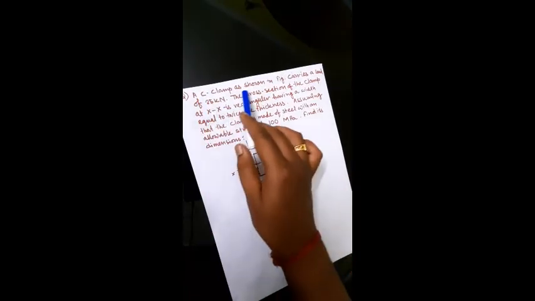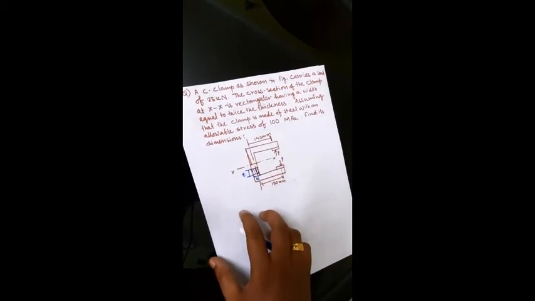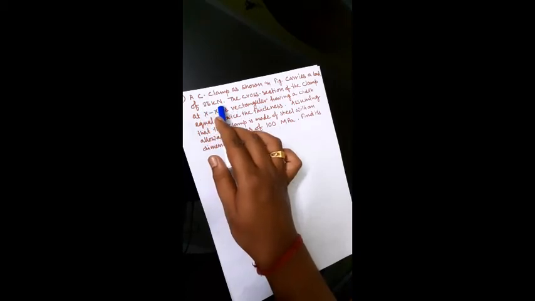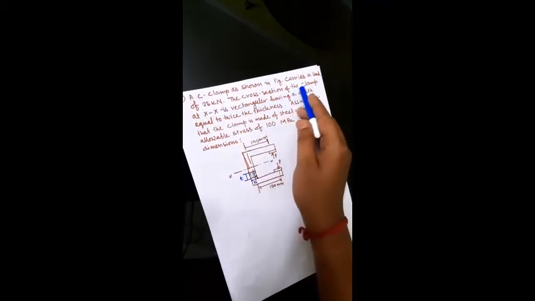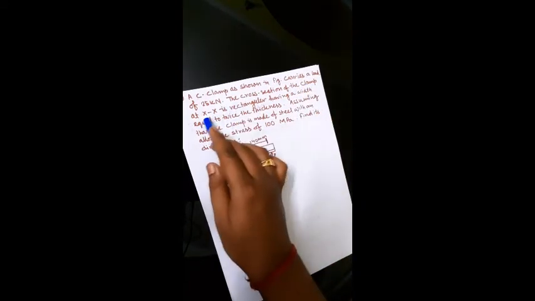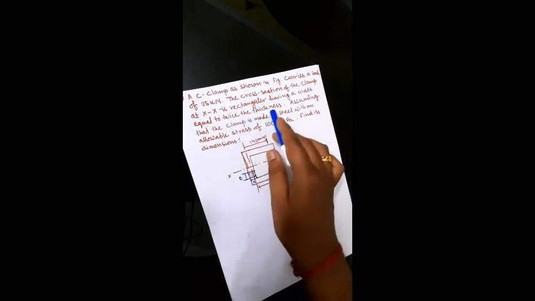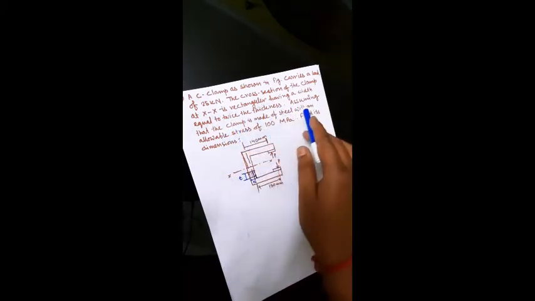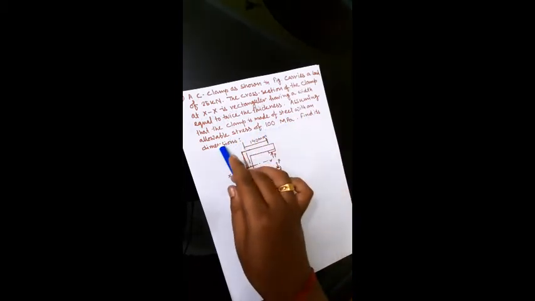A C clamp as shown in the figure carries a load of 25 kilonewton, and the cross section of the clamp at xx is a rectangle having a width equal to twice the thickness. Assuming that the clamp is made of steel with an allowable stress of 100 megapascal, find out the dimension.